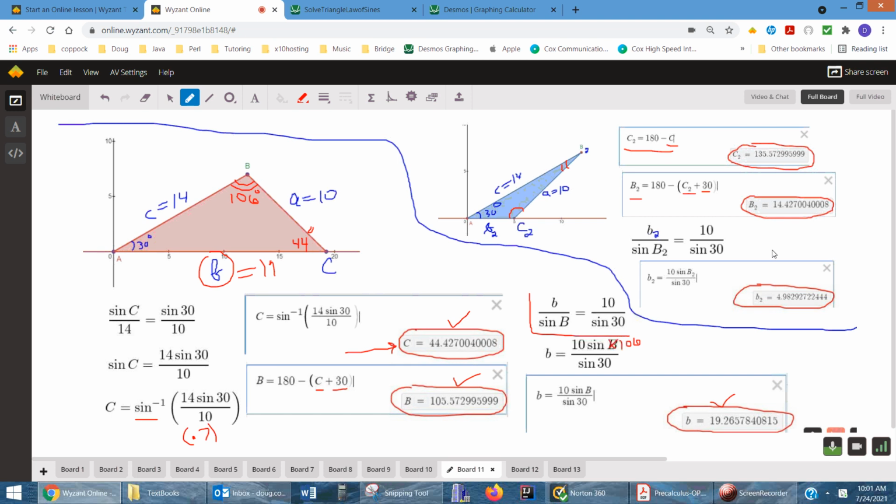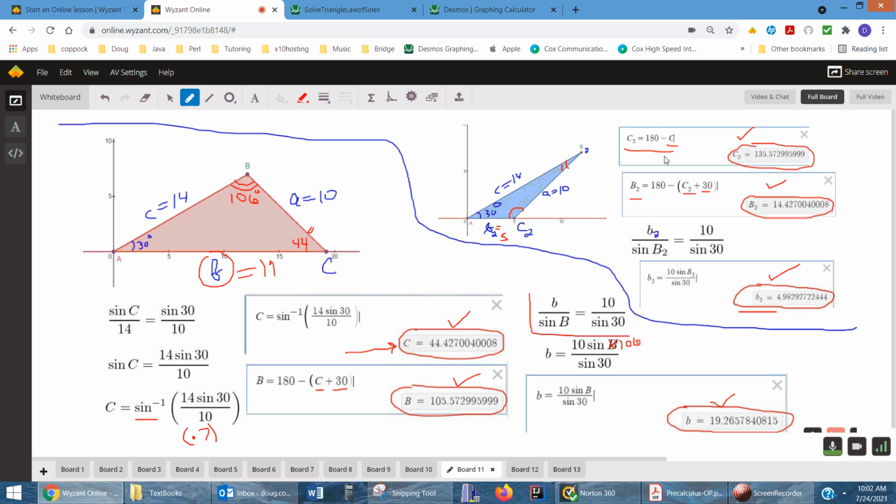And once we know B sub 2, we can use the law of sines again. B sub 2 is to the sine of big B sub 2 as 10 is to the sine of 30. And there it is. So this little b sub 2 right here is about 5. Okay, and now we've got 3 pieces of information for the second triangle.